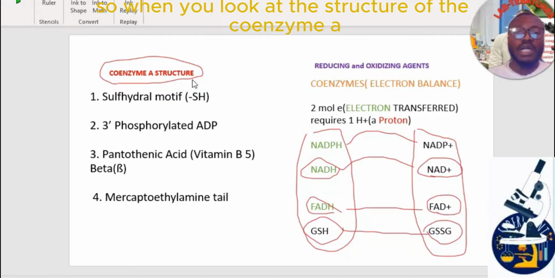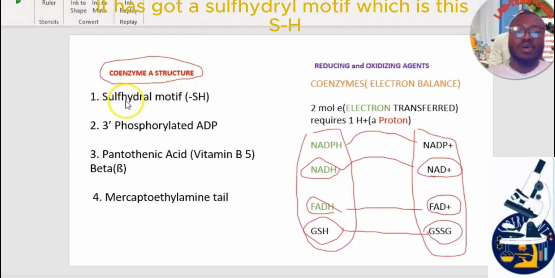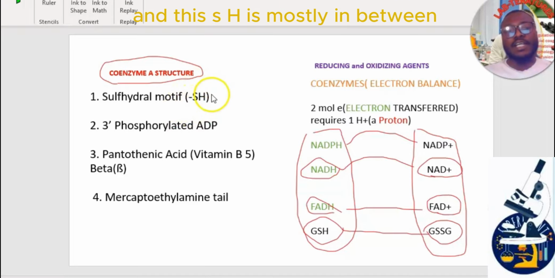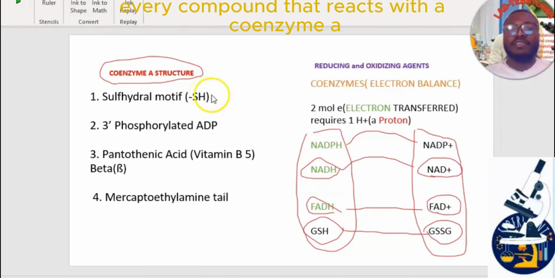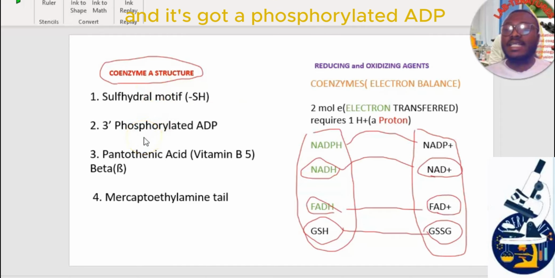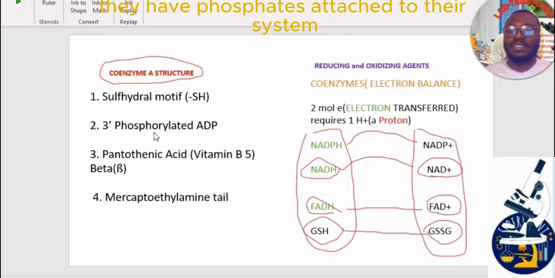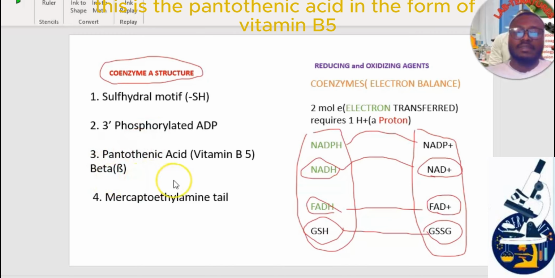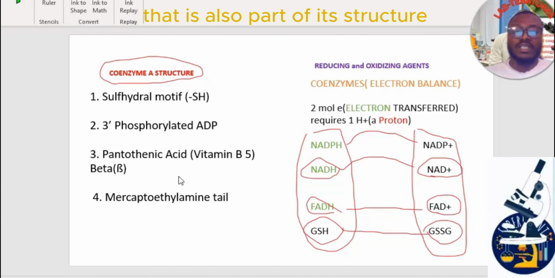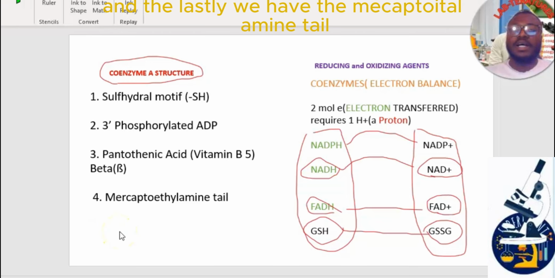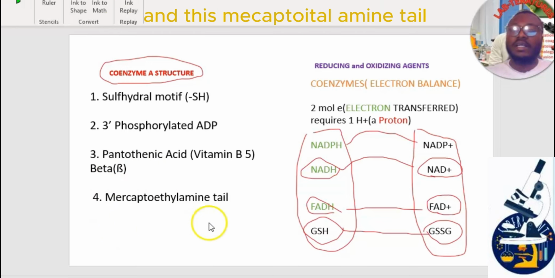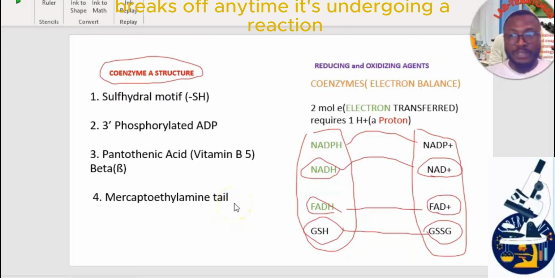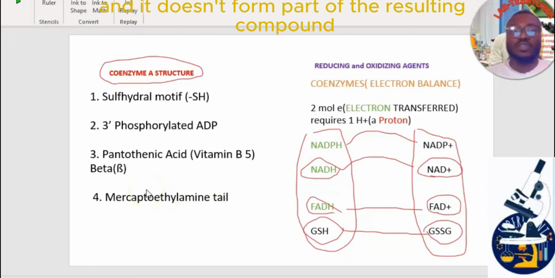So when you look at the structure of coenzyme A, it has a sulfhydryl motif, which is this SH, and this SH is mostly in between every compound that reacts with coenzyme A, and it has a phosphorylated ADP, and I told you they have phosphates attached to their system. This is the pantothenic acid in the form of vitamin B5 that is also part of its structure. And then lastly, we have the mercaptoethylamine tail, and this mercaptoethylamine tail breaks off anytime it's undergoing a reaction and doesn't form part of the resulting compound.